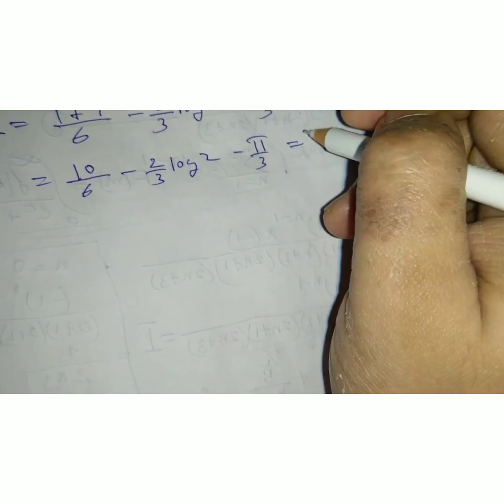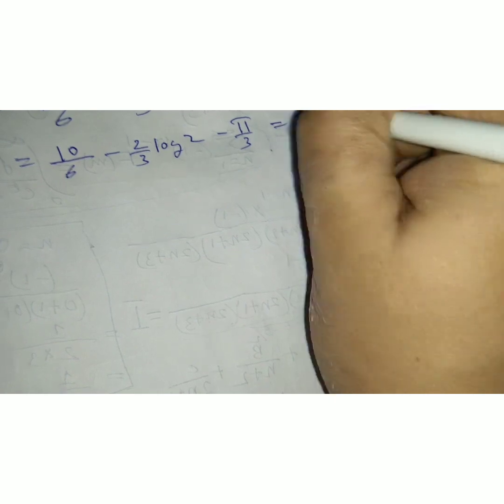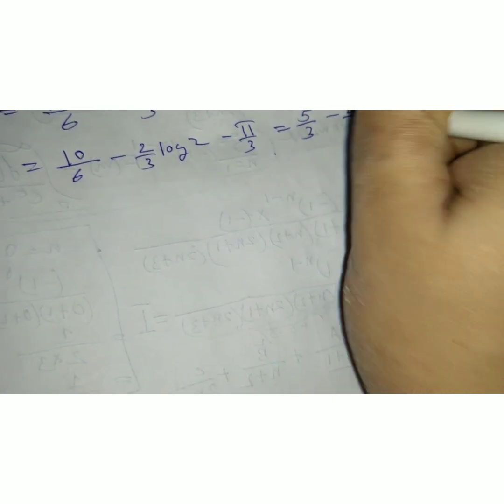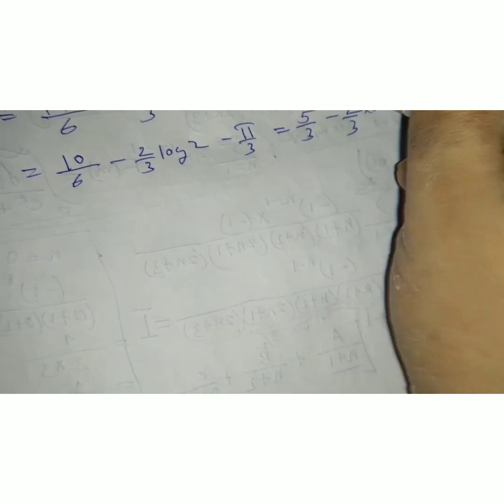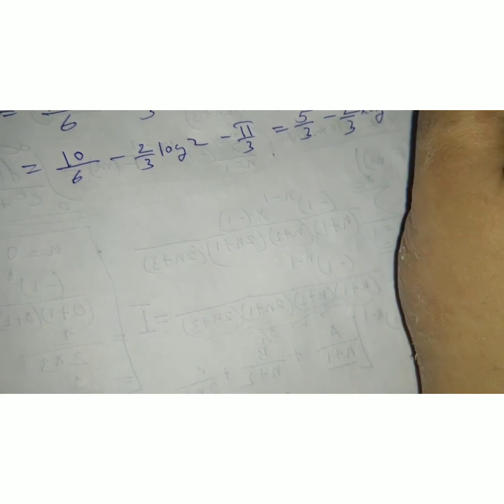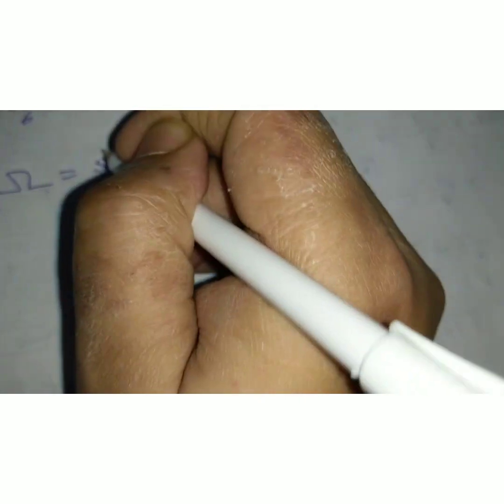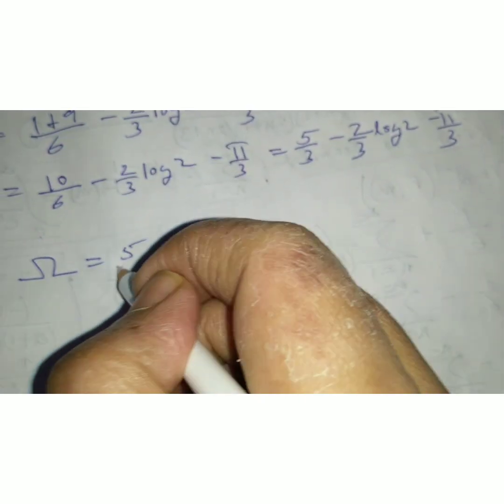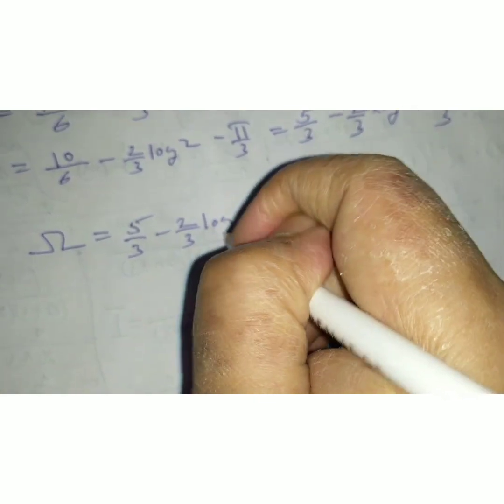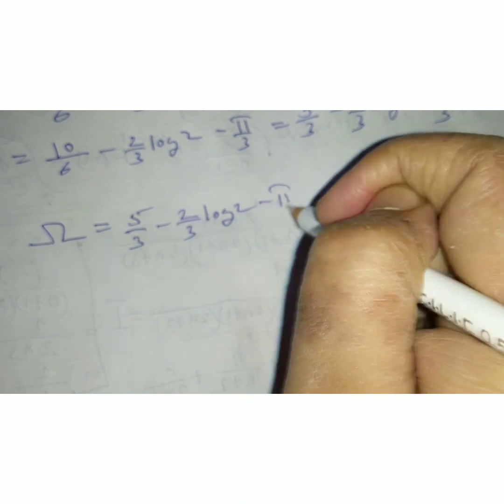So I get the value 5 by 3 minus 2 by 3 log 2 minus pi by 3. This is the answer. So omega is equal to, I write it freshly, 5 by 3 minus 2 by 3 log 2 minus pi by 3.